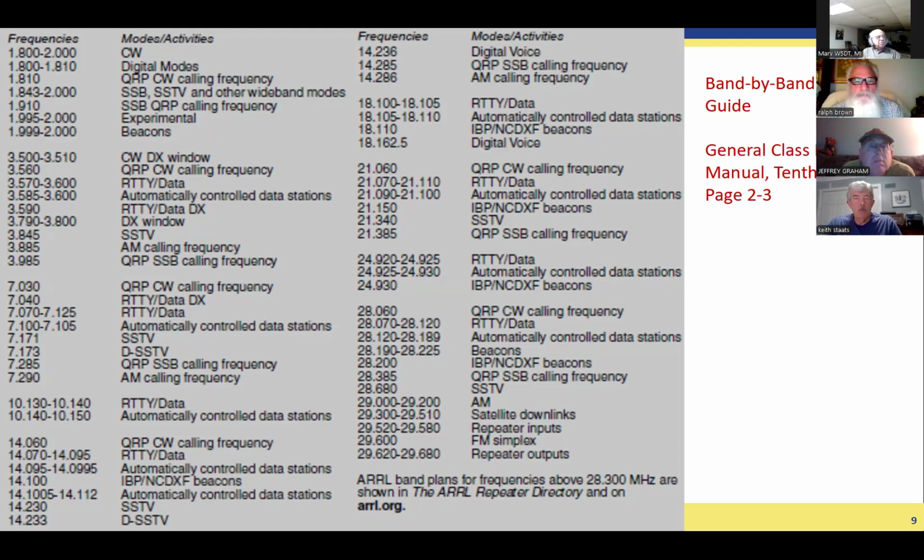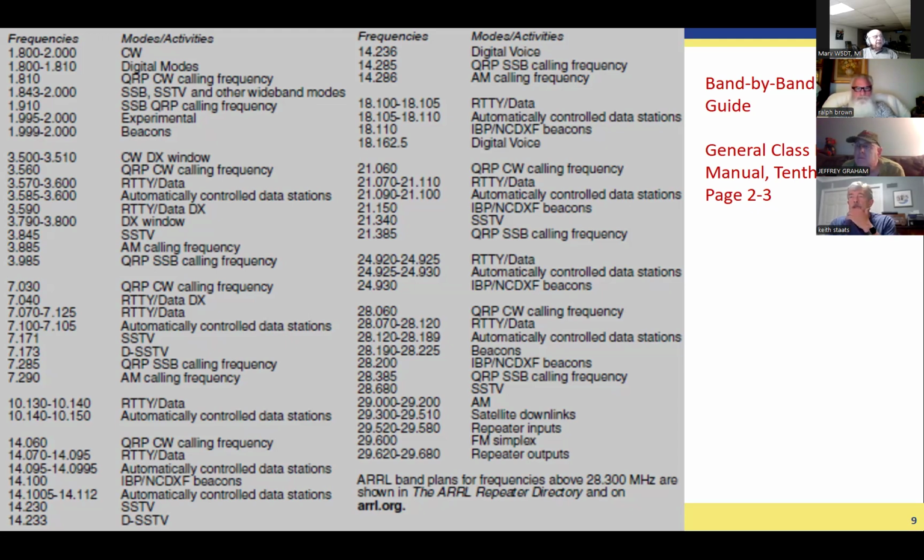And there's some informal ones too. For example, there's a group called the SKCC group, Straight Key Century Club, and they get out at 7.050 to 7.060. And then up about 7.060 is another QRP group, or a QRP calling frequency.